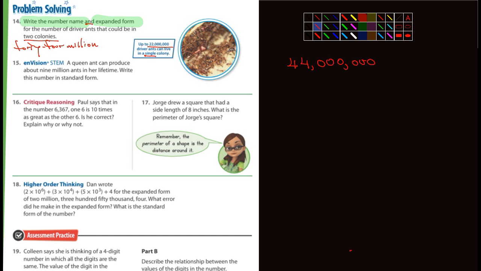That's the number name. And then in expanded form, well, that's going to be pretty easy because almost all of it is zeros. So it's just going to be 40 million plus 4 million.